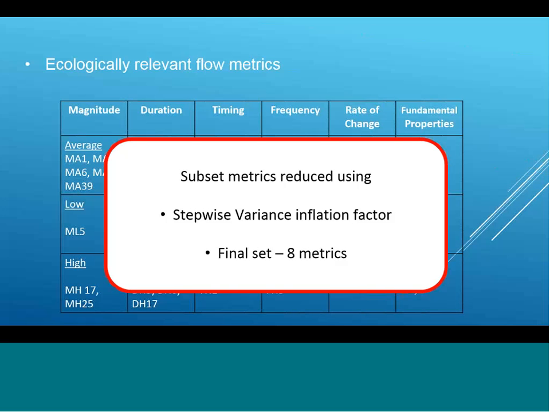That's looking at how the variables interact within a model and maybe are explaining certain portions of the variability, and then trying to remove those that aren't contributing new information to the model. Next slide, please.